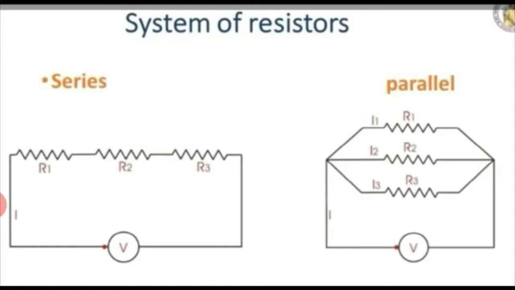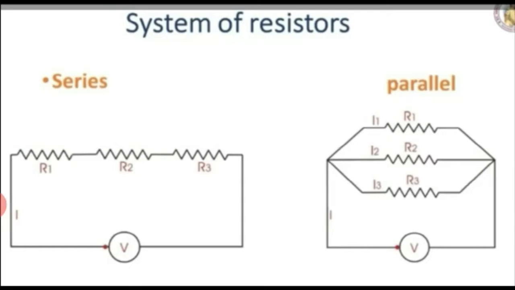In the second diagram, three resistors are connected in a parallel circuit. This combination of resistors is known as a system of resistors or grouping of resistors.